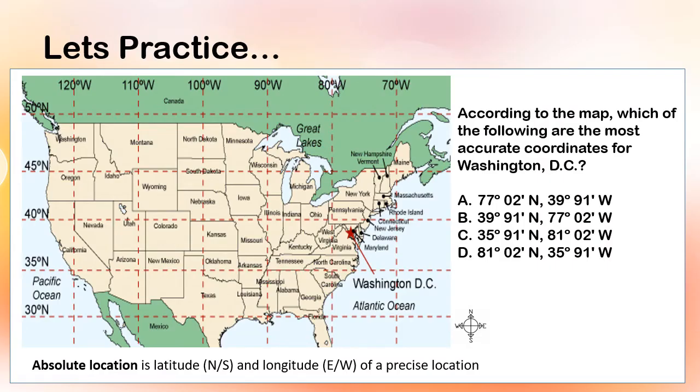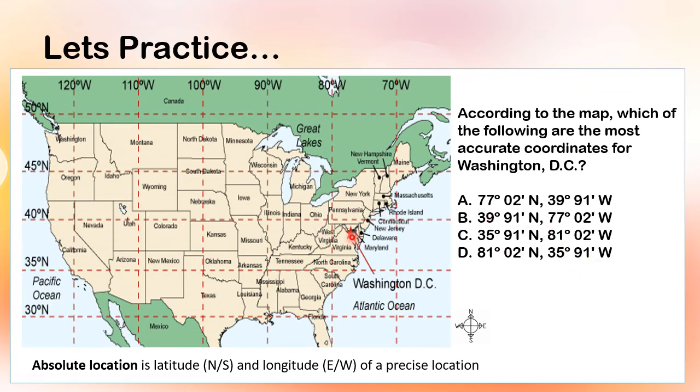All right, now let's do a little bit more practice. According to the map, which of the following are the most accurate coordinates for Washington, D.C.? Washington, D.C. being over here. I'm looking at just a little under 40 degrees north, and just a little under 80 degrees west. So is it 77 north, 39 west, or is it 39.9 north and 77 west, 35 degrees 91 minutes north, 81 degrees 2 minutes west, or 81 degrees 2 minutes north, 35 degrees 91 minutes west.